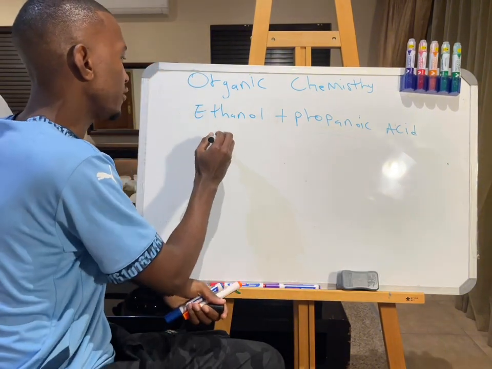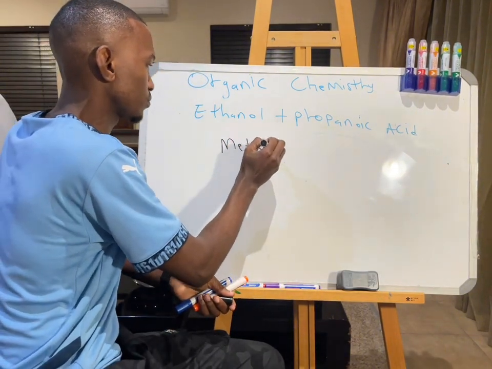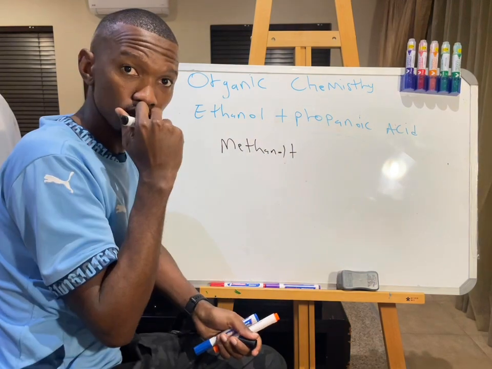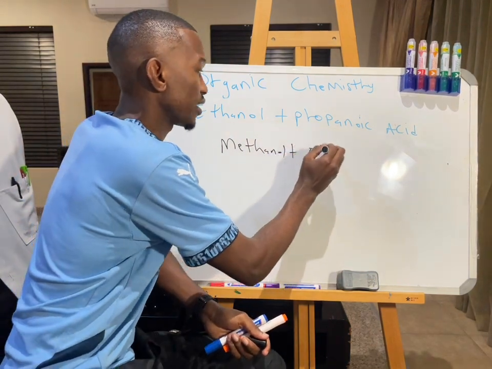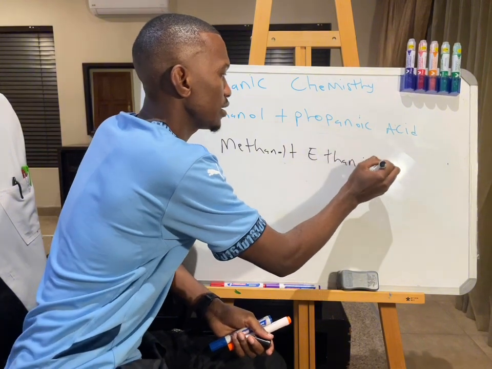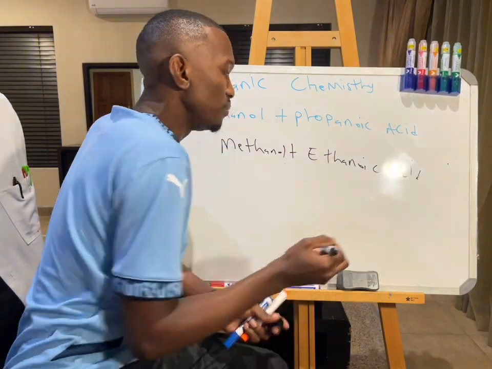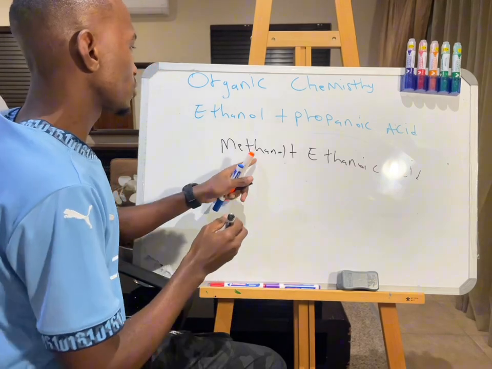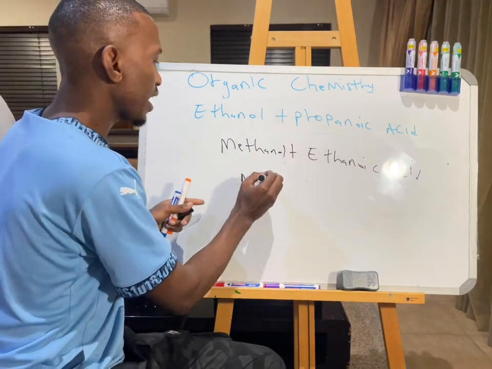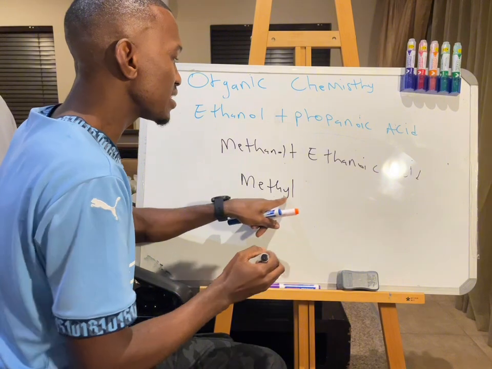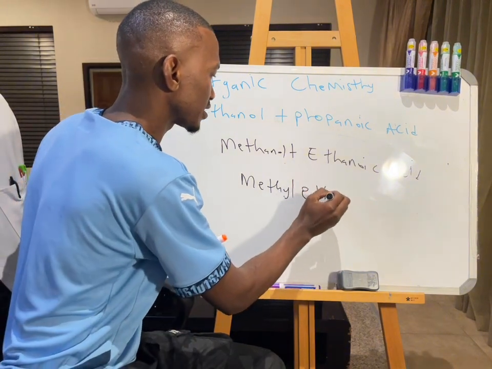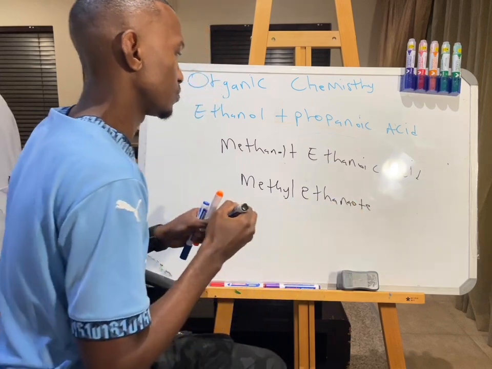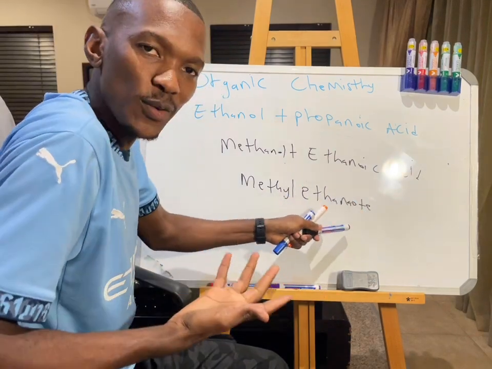Okay, let me just say we have methanol plus ethanoic acid. Make an ester, make an IUPAC name from here. Okay, so already I'm going to say methyl, because I just showed you, right? Methyl who? Ethanoate. Methyl ethanoate.